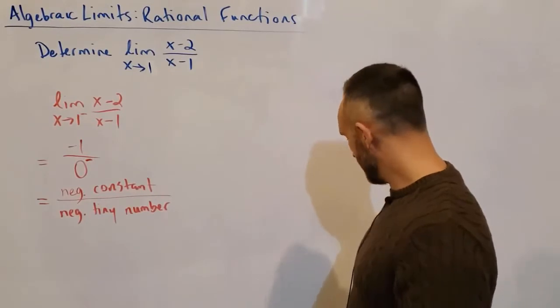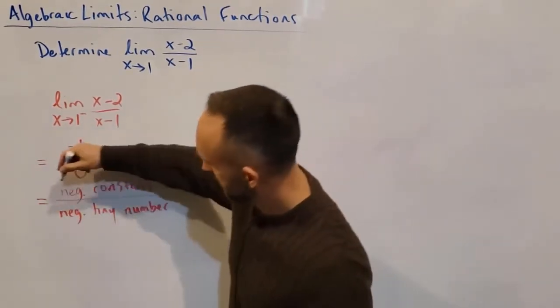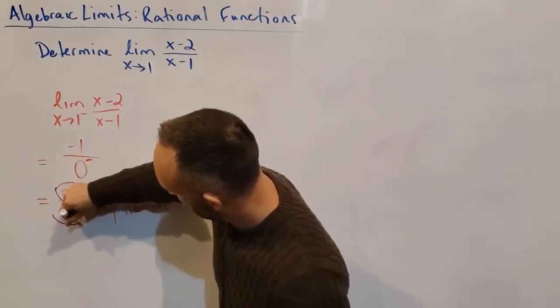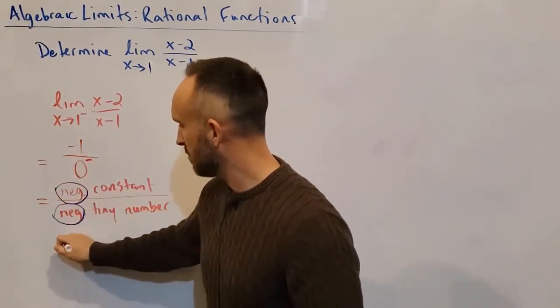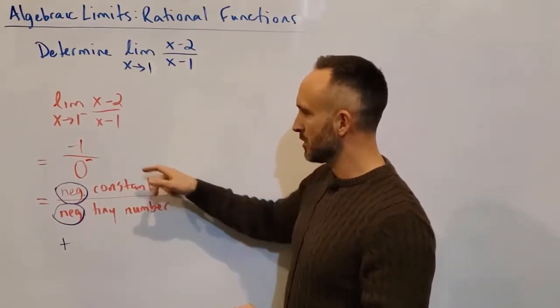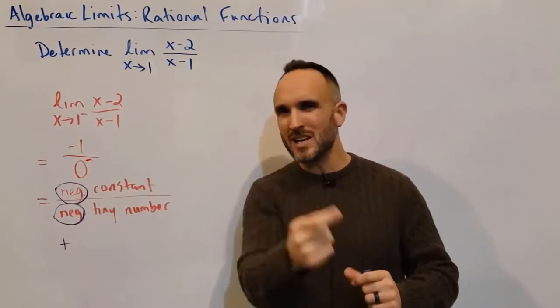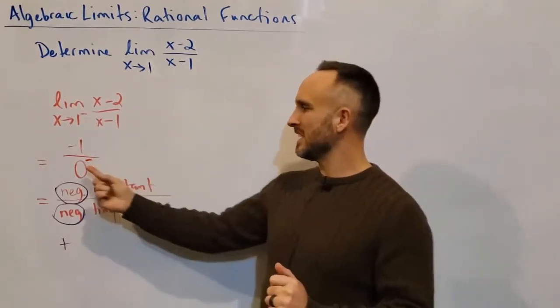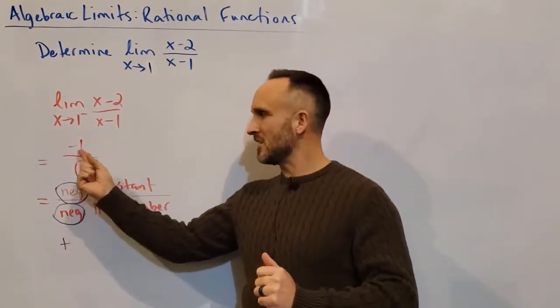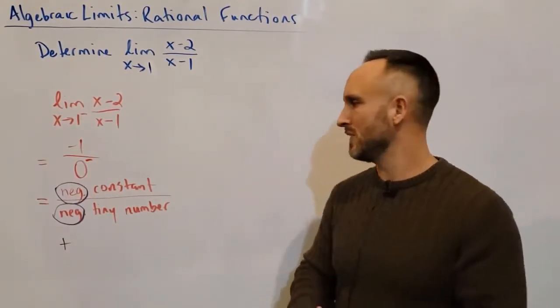Well, the idea is if we have a negative divided by a negative, then we certainly get a positive, okay? And if we take a fixed number, such as 1, and we divide by something extremely tiny, that's like saying, how many grains of sand can you fit in 1? How many fractions of grains of sand can you fit in 1?